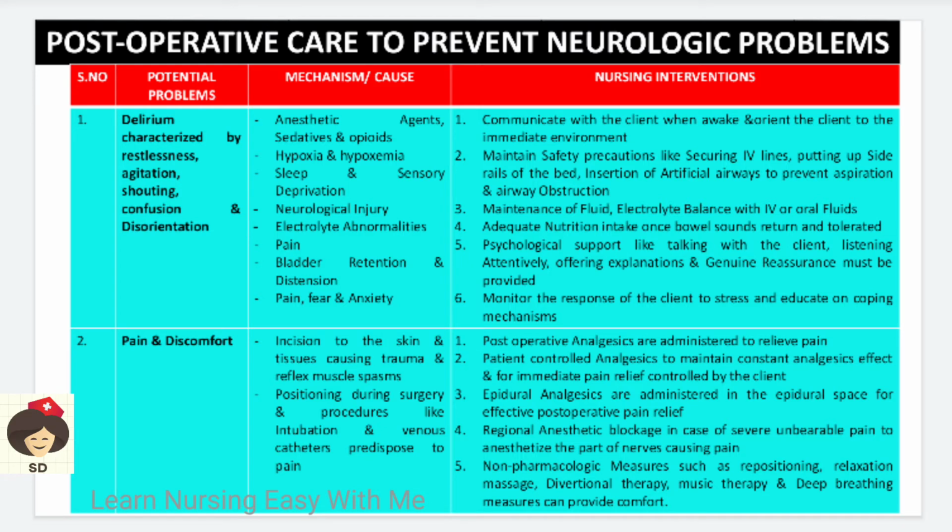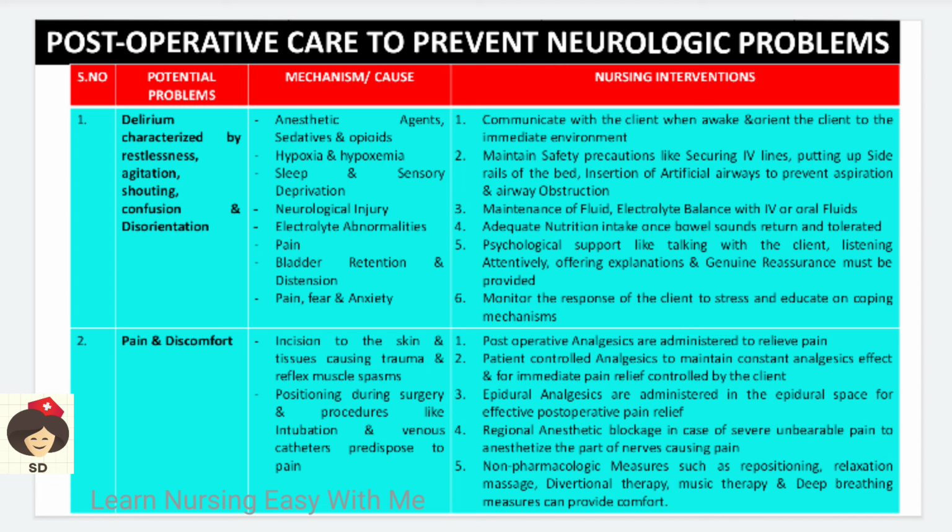Another problem that can occur in the post-operative period is delirium. This is because of anesthetics, sedatives, neurologic injury, hypoxia, anxiety, depression, and electrolyte abnormalities. This all will cause delirium. Delirium is a confused stage where there is agitation, shouting, and disorientation. Once the patient is becoming normal, or when the person is awake, we have to talk with the person and orient them to the time, place, and environment.